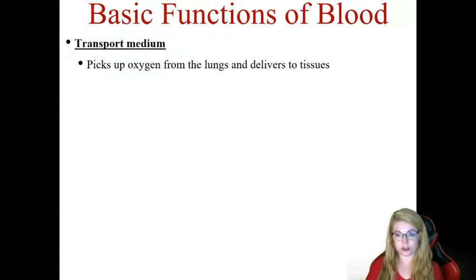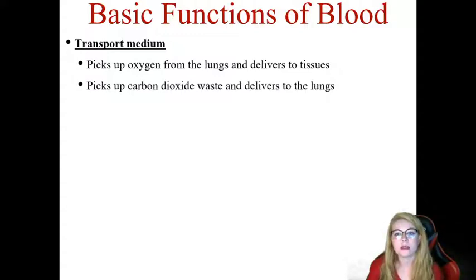We breathe in the oxygen in the air, and then that is transported in the blood to provide the oxygen that all of our cells need. Additionally, it picks up carbon dioxide and waste product from those tissues and delivers them back to the lungs for us to exhale. That's probably not a super new concept to you, and that's what most people focus on when they think about blood.